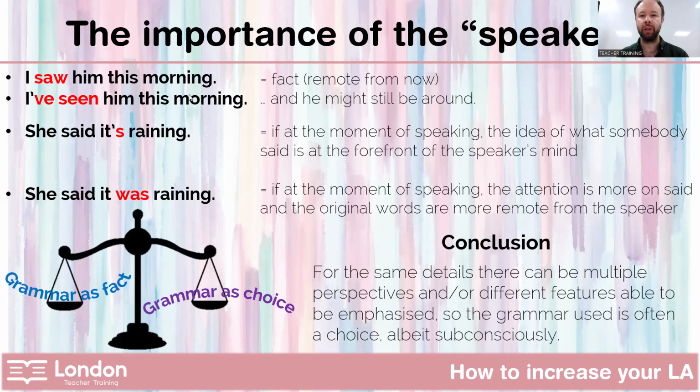But with I've seen him this morning, the use of the present perfect, there's an element of present there. And so yes, the person might still be around or able to be found. And with the others, similarly, there's that sort of distance between she said it was raining and she said it is raining. The information is the same, but we're putting some distance just by changing that word.